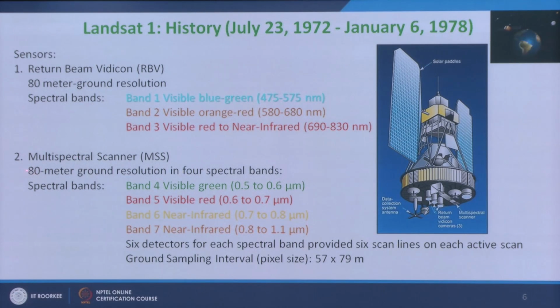So though we write 80 meter spatial resolution or ground resolution, in fact it is 57 by 79, because here we are having roughly 15 meter overlap.